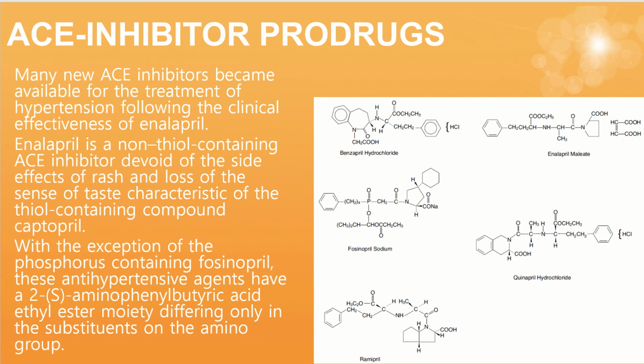All right, so clearly we have our ethyl ester moiety. We have our CH2, CH3, and that is our C2H5.